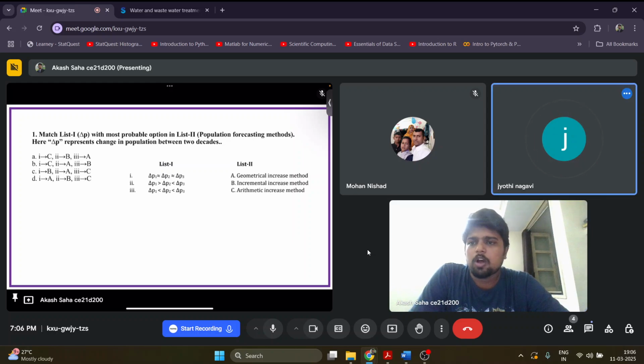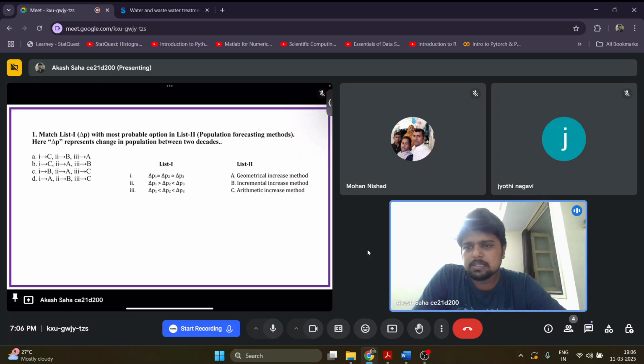Option A, sir. So you are saying that the first one will be arithmetic increase, then incremental increase, and then geometric. Yes, I think this is the correct answer, because in arithmetic increase, we assume that the increase is more or less the same. If we have a constant increase in each of the decades, we go for the arithmetic increase method.